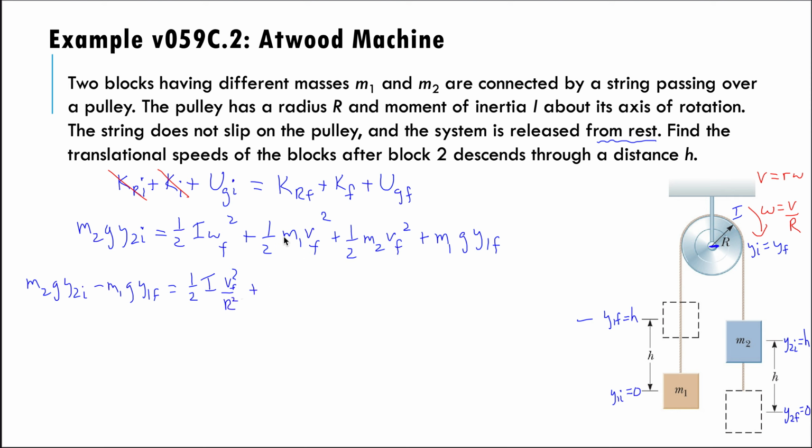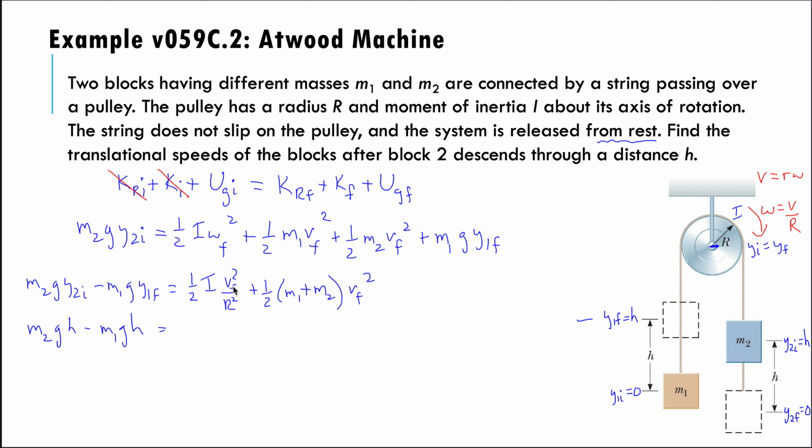And then over here, we can combine these terms: 1/2 (m1 plus m2) vf squared. Let's keep making more substitutions. Let's put in what we know for the heights. Both heights, y1 final and y2 initial, are h. So we have m2 g h minus m1 g h.